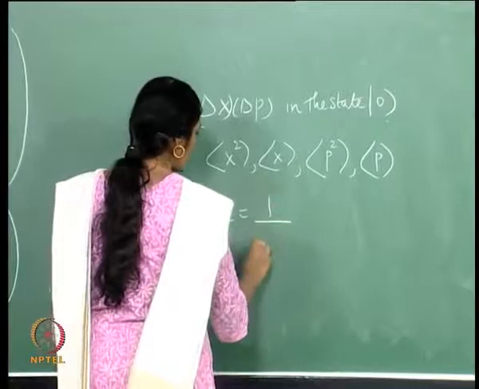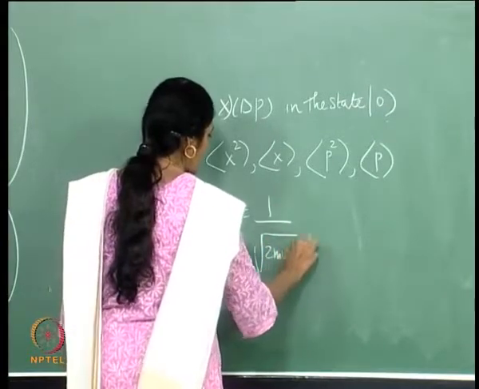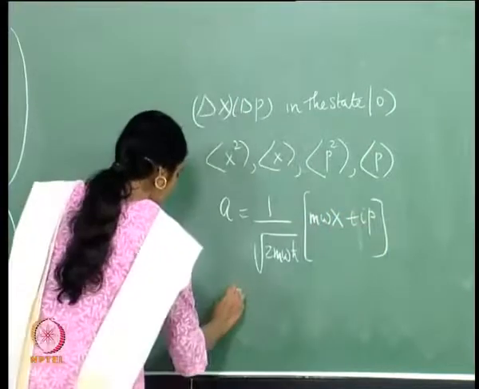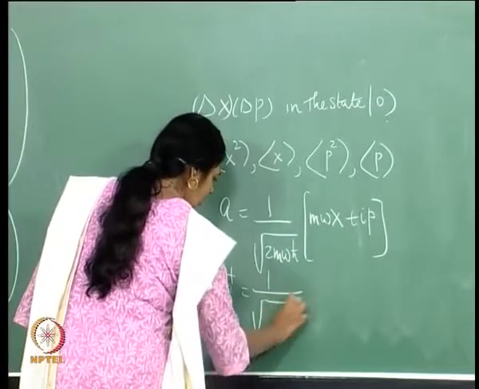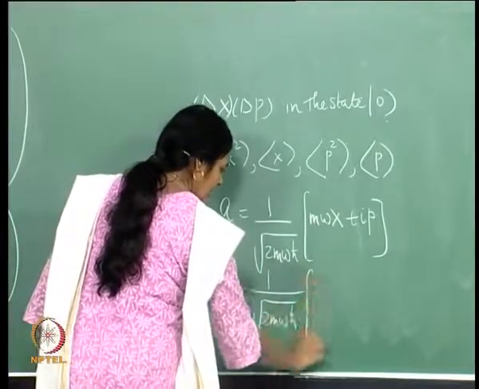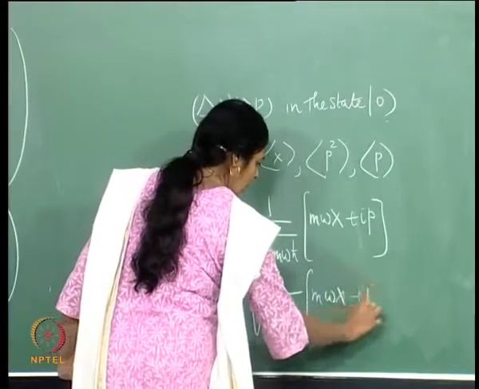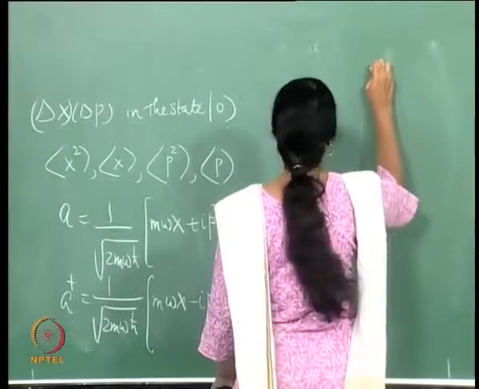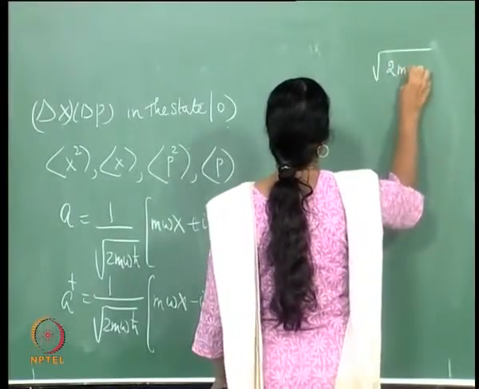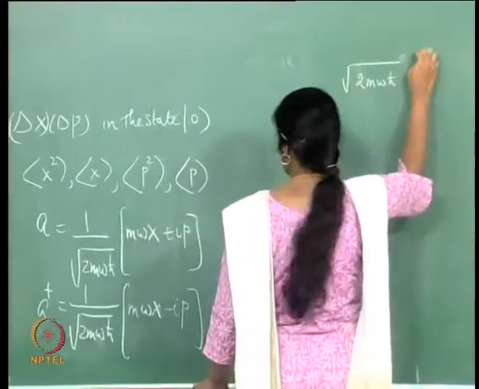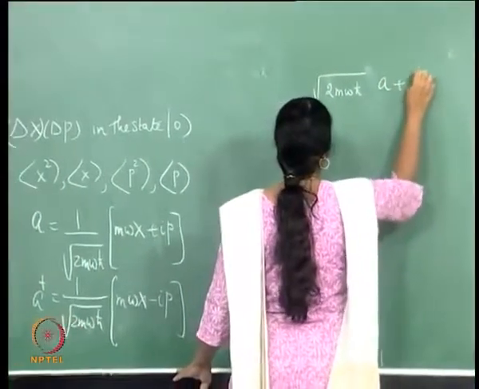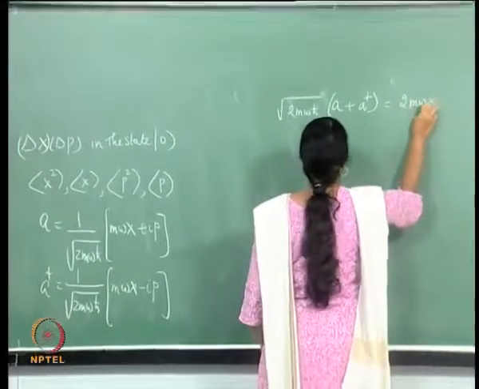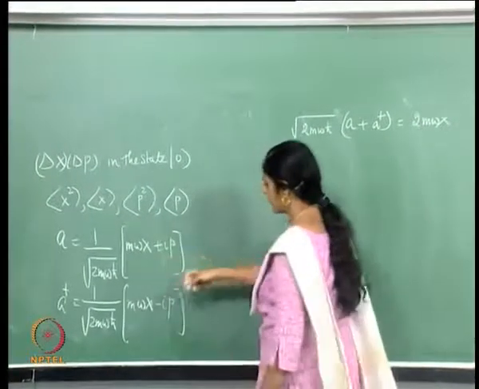Recall that A was 1 by root of 2 m omega h cross times (m omega x plus I p), and A dagger was 1 by root of 2 m omega h cross times (m omega x minus I p). Therefore, root of 2 m omega h cross times (A plus A dagger) is 2 m omega x when I add both of them.